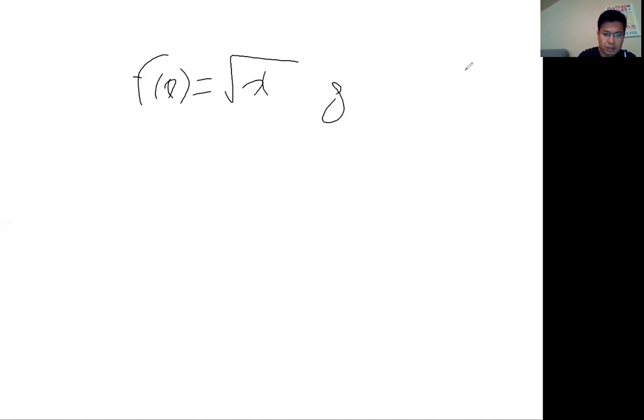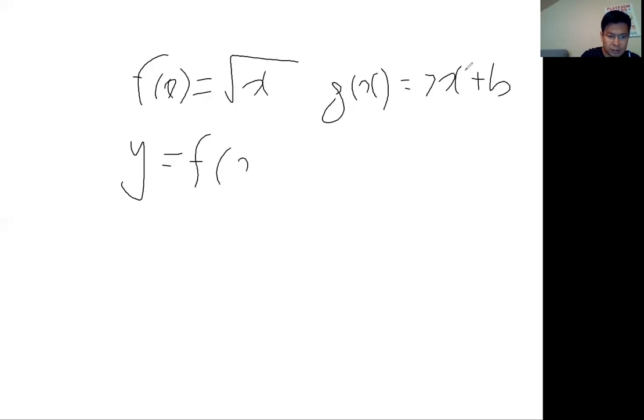It says that f of x is given as radical x, and g of x is 7x plus b. The question says y equals f of g of x, and it passes through (4, 6).